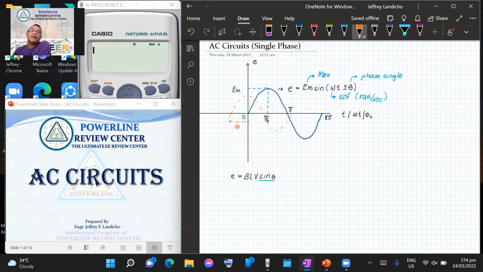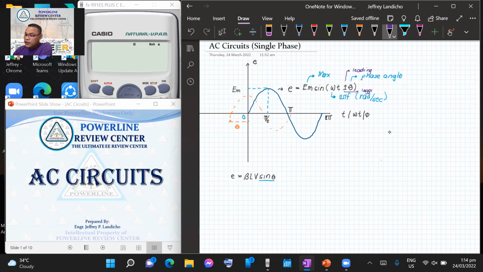So what sign is that? Positive or negative? When we say positive or negative, it only represents leading or lagging. Positive means leading. Negative means lagging.